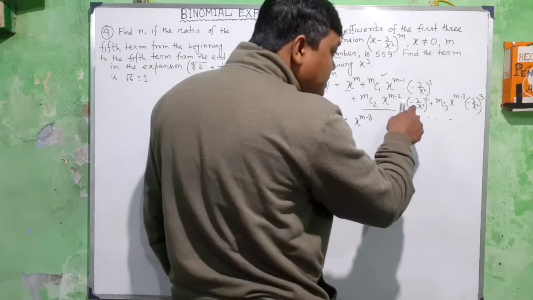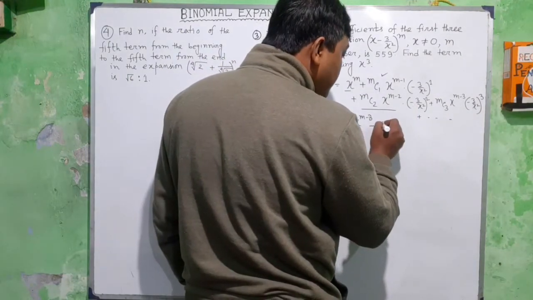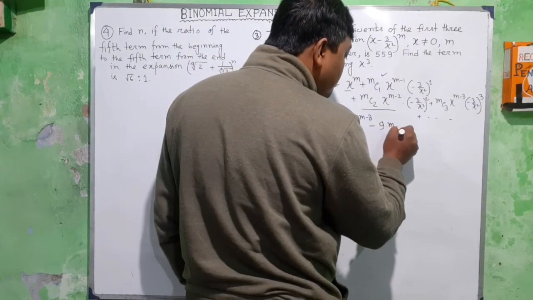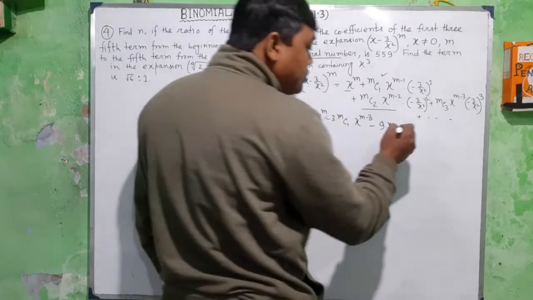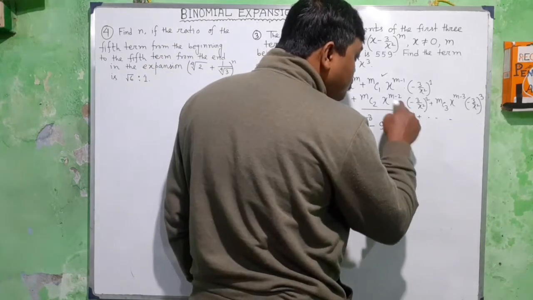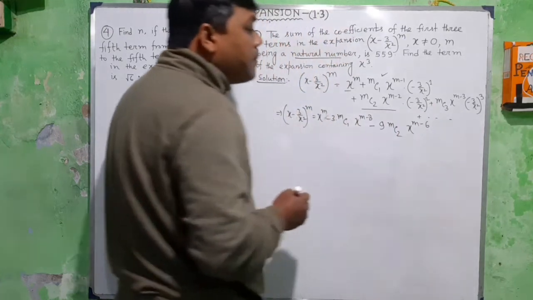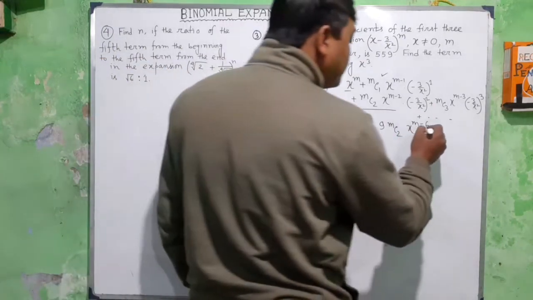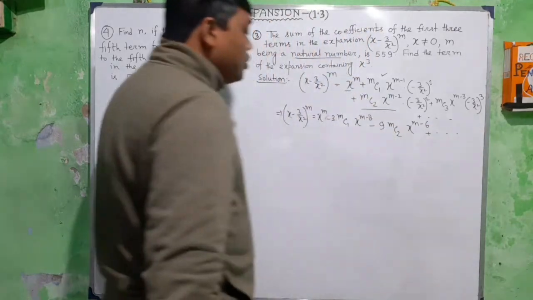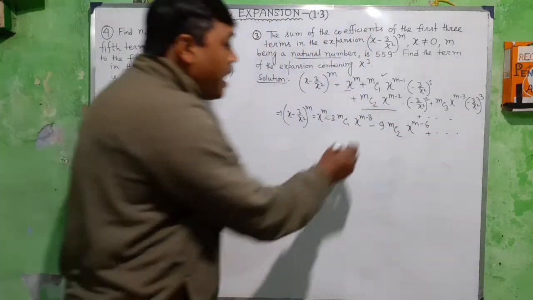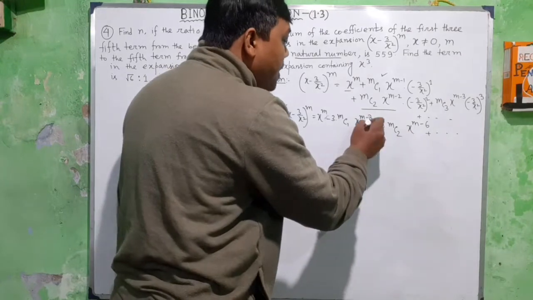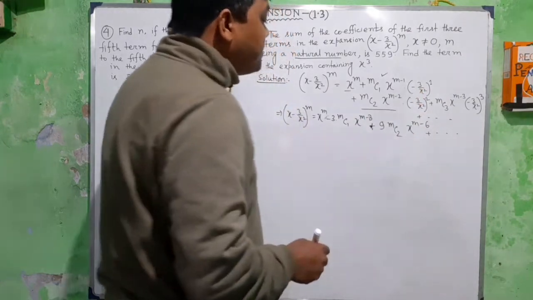And this is (minus 3) whole square, so you get 9 mC2 x to the power (m minus 2), and x square to the power 2 gives x to the power 4, so you will get x to the power (m minus 6), plus so on. This is plus, of course, because minus of minus whole square means plus.